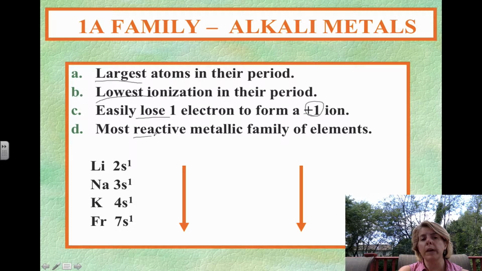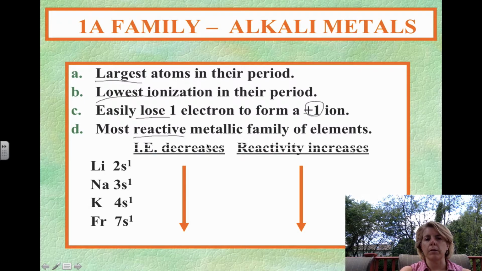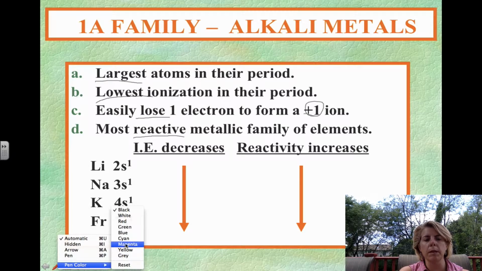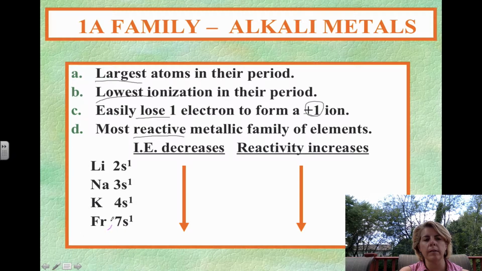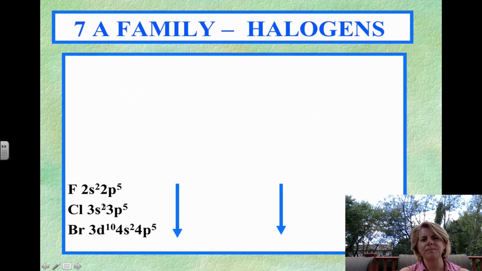They are the most reactive. Hopefully I've done a demonstration for you. If I haven't, you should bug me about it to show you what happens to alkali metals. Notice that as ionization energy decreases, reactivity increases. So if the sky was the limit and we could get our hands on some francium and threw it in some water, some very interesting things would be happening. So something to keep in mind with reactivity.